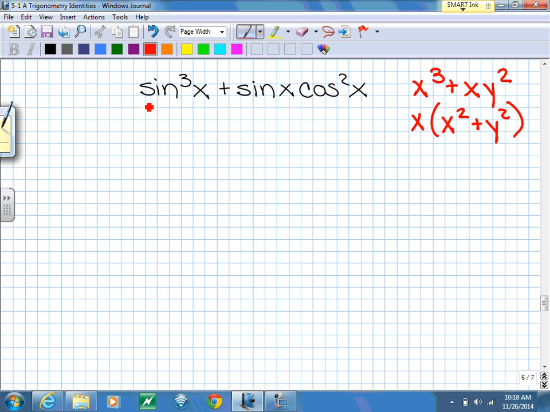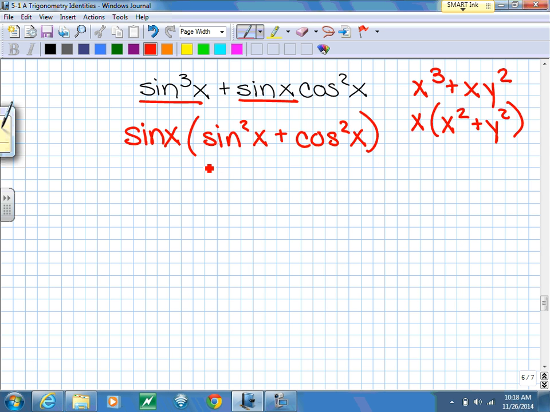So by doing that, I'm going to take a sine x out of both of them, leaving me with sine squared x plus cosine squared x. And now one of my Pythagorean identities says that sine squared x plus cosine squared x equals 1. So now I have the sine of x times 1, which when I multiply that out, I get sine of x.